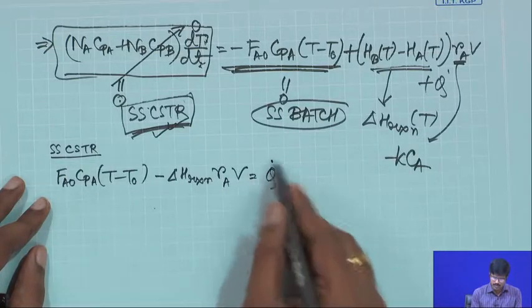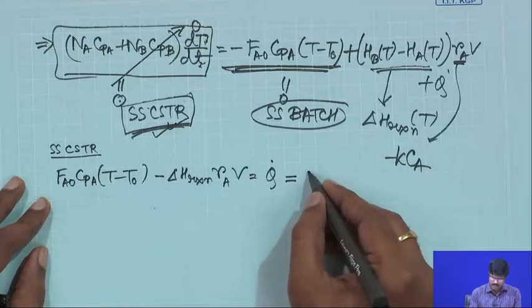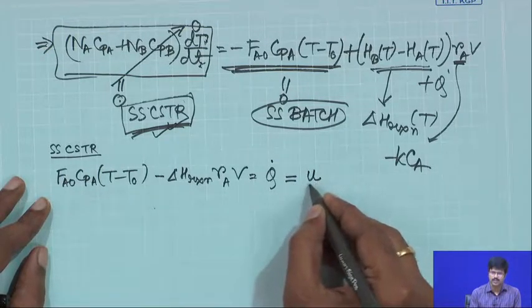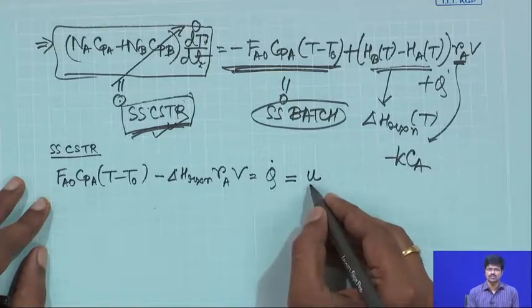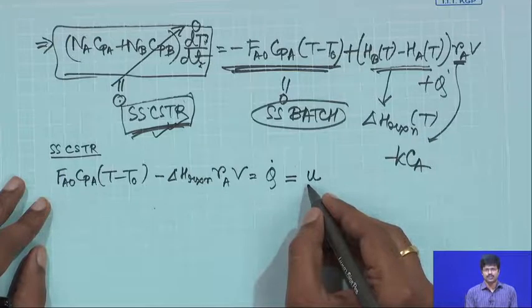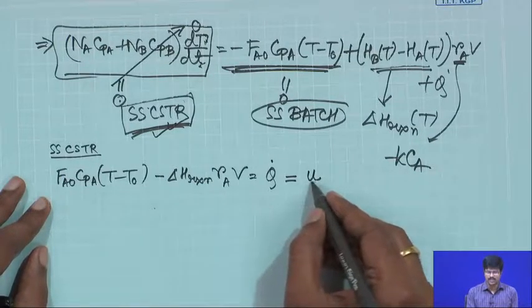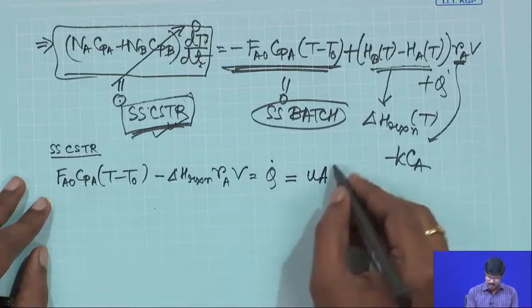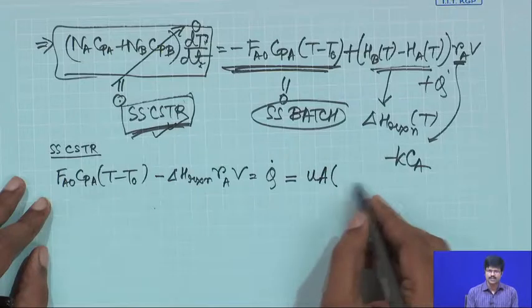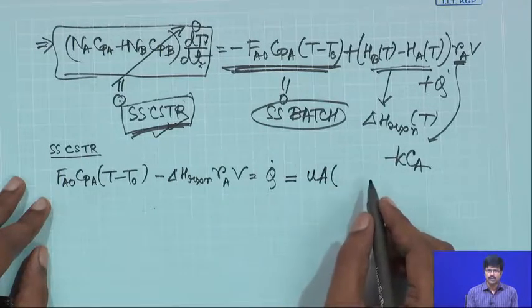Now, this Q dot, the rate of heat transfer from the reactor, is nothing but small u, which is the heat transfer coefficient of the reactor material, meaning the material used to construct the reactor. So, this is the heat transfer coefficient of that material into the area of heat transfer, multiplied by the difference in temperature between the coolant liquid and the reactor.